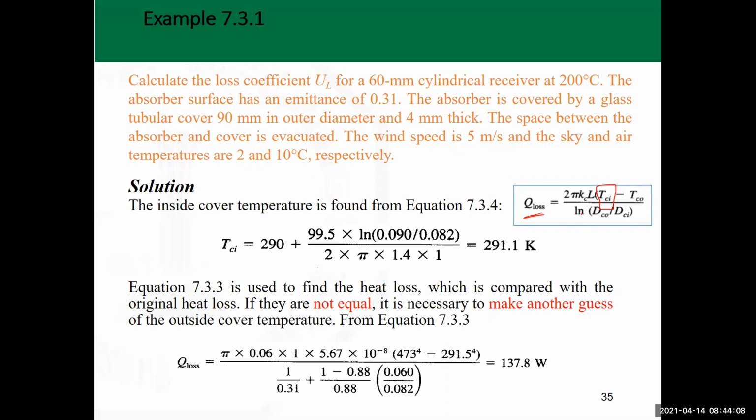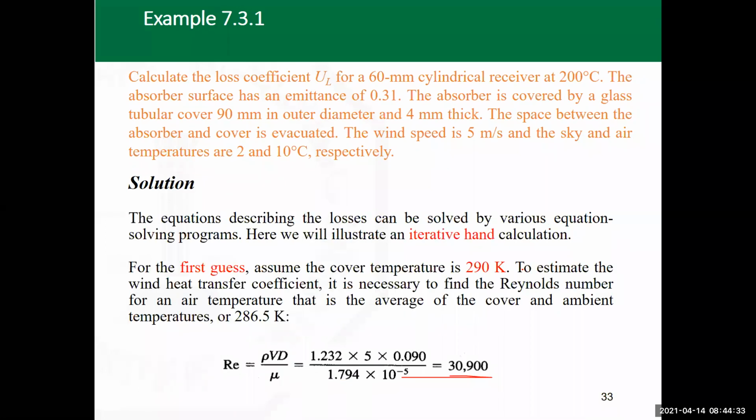In this expression, we have calculated the value of TCI to be 291.1 Kelvin. Now take this value and substitute in equation 733, and this is going to be for the calculation of the Q loss.